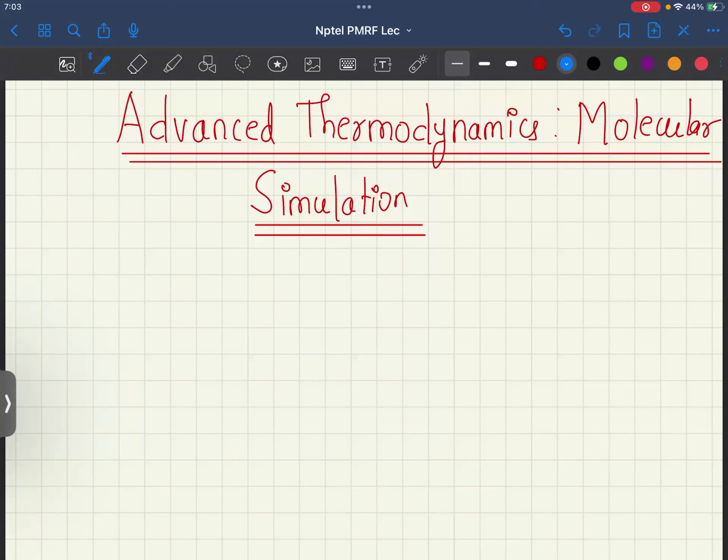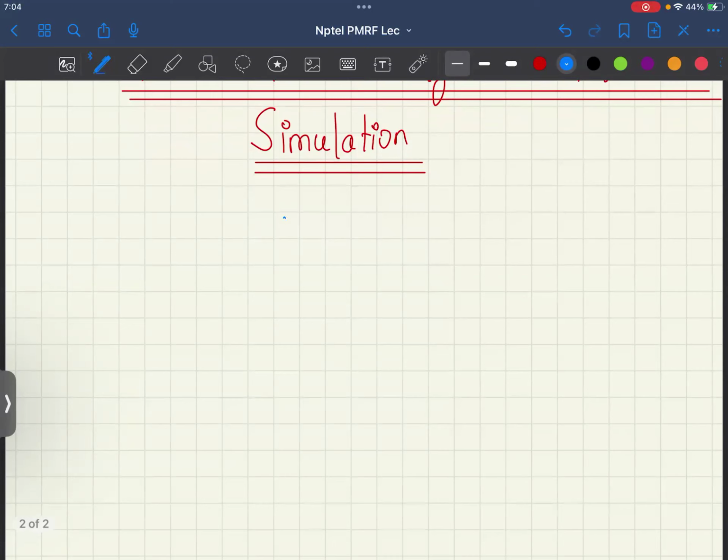I know that you know most of this, but just for the sake of completeness, there are two kinds of probability distribution.